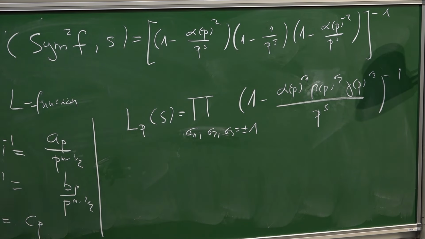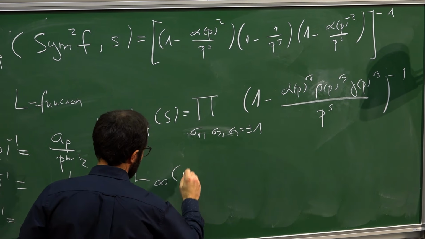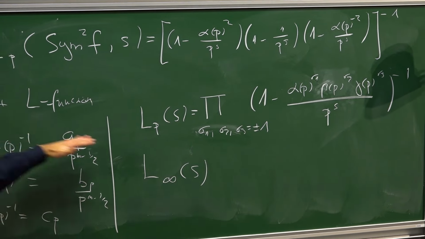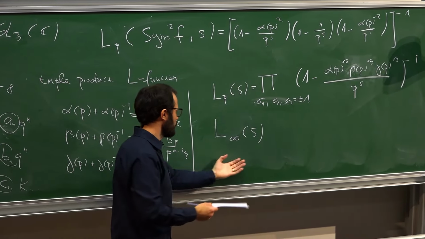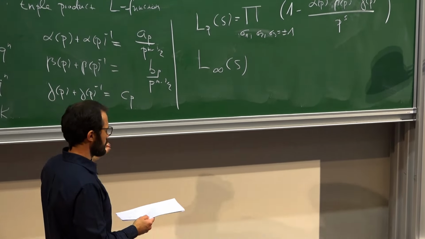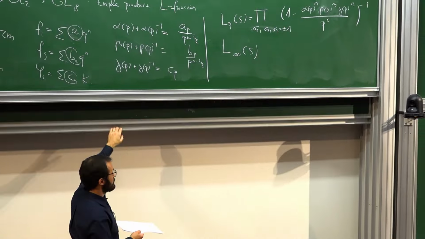I'm not going to write down what the L infinity is, but you can ask me later. But for both the symmetric square, degree 3, and this triple product, degree 8, there is a corresponding product of gamma factors, the correct number of gamma factors, which guarantees that this L function satisfies the functional equation.